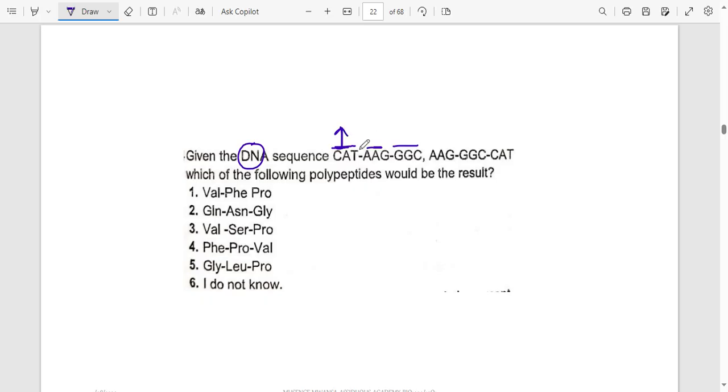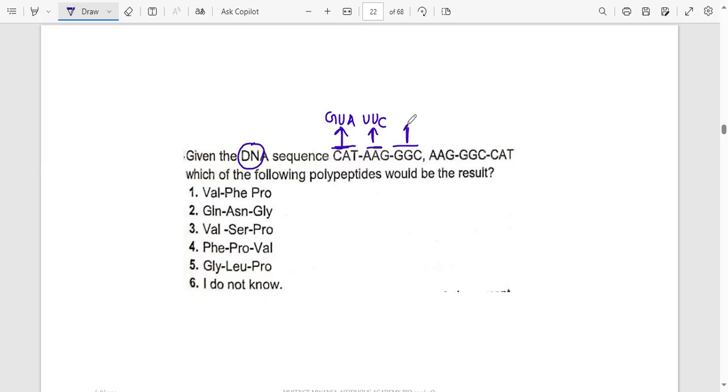So you need to find the codons. What will C pair up with? G, and then A with U, and then T. Then you come to this one. A with what? U. A again, U. G with what?